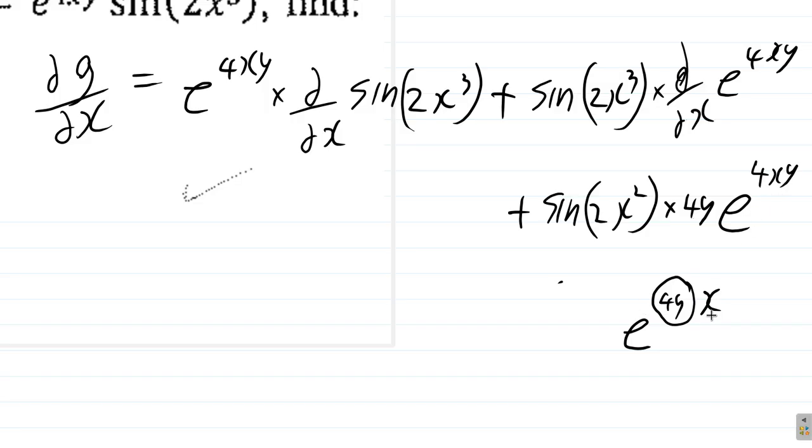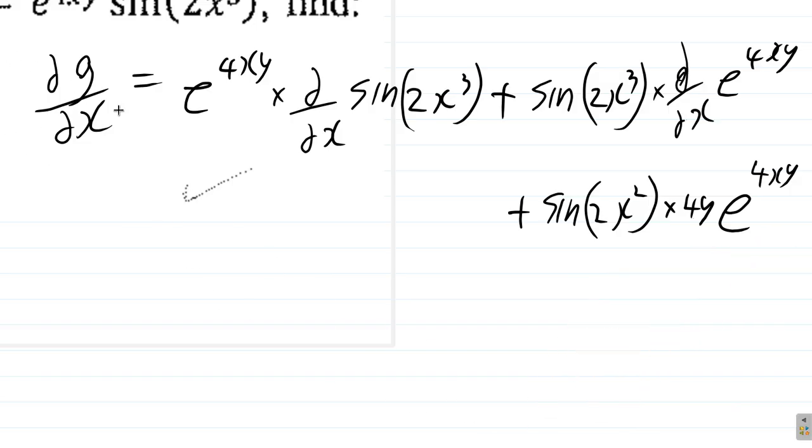And remember, from the power rule, x is x to the 1, so you say 1 times x to the 1 minus 1, x to the 0, which is 1. So this part is gone. So you have 1 times 4y, which is 4y. That's why you get this 4y here. You have to keep practicing to remember all of these things.